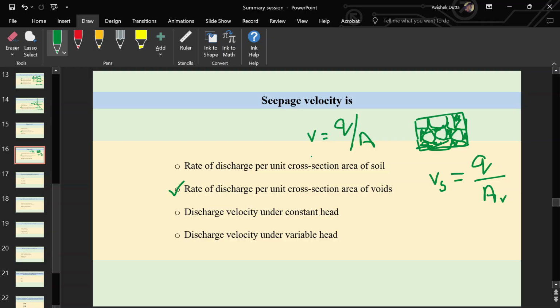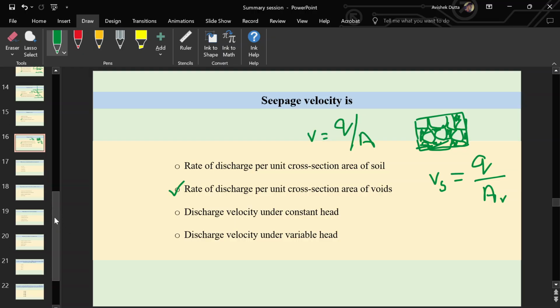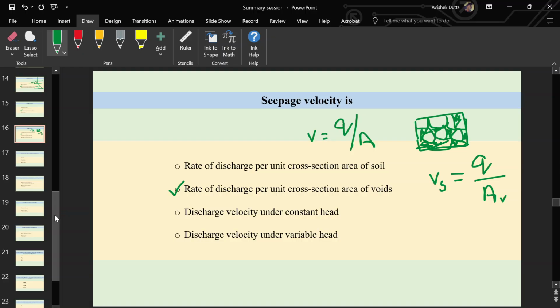It is not the entire cross section of the soil through which the water is flowing. So in many cases when we follow the general examples, there will be cases of overestimation or underestimation of the volume of water. So we need to know this very carefully. Seepage velocity is the rate of discharge per unit cross section area of the voids in the soil mass and not the entire cross section area. So this is the correct answer, option 2. Next question.